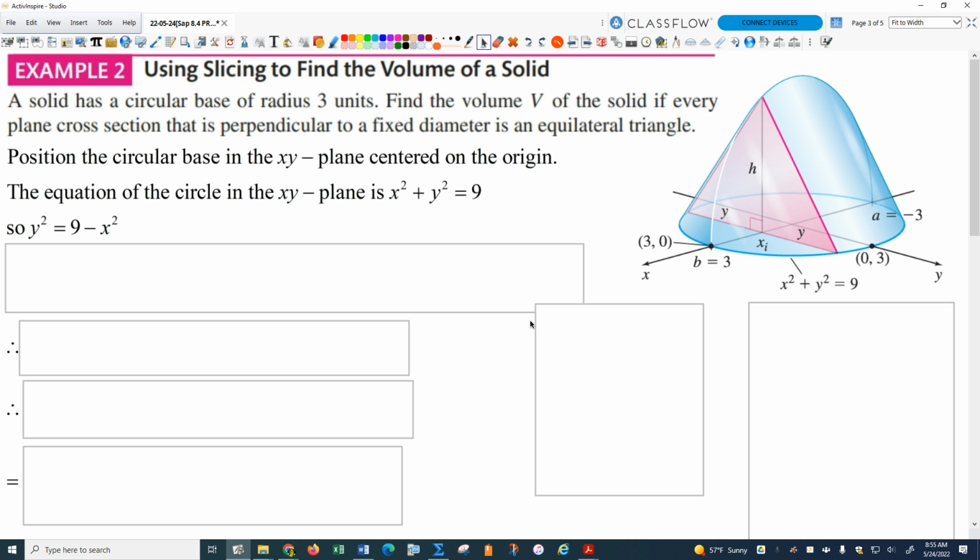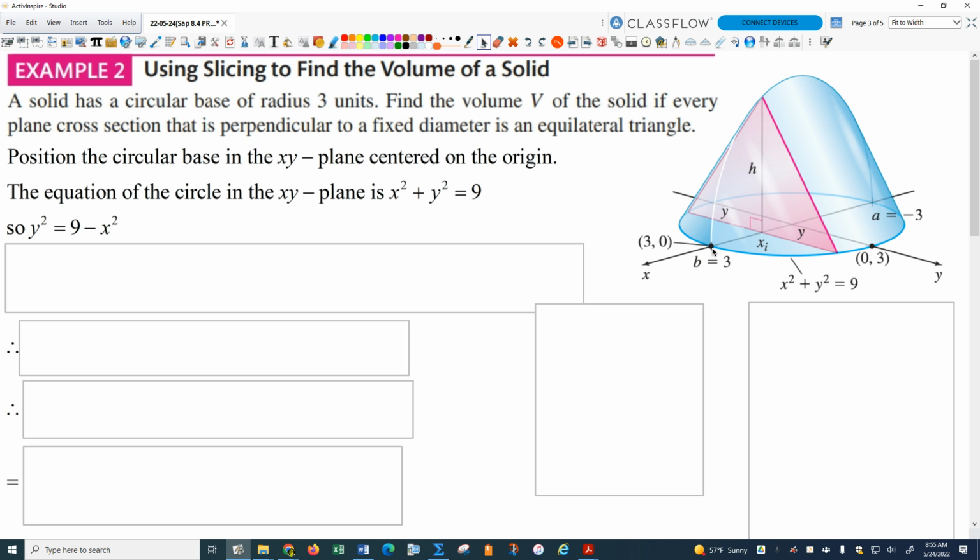it has a circular base of radius 3, and we know that every plane cross-section that is perpendicular to a fixed diameter is an equilateral triangle. Okay, now think what that means. Every plane cross-section, that just means slice, that's perpendicular to a fixed diameter.